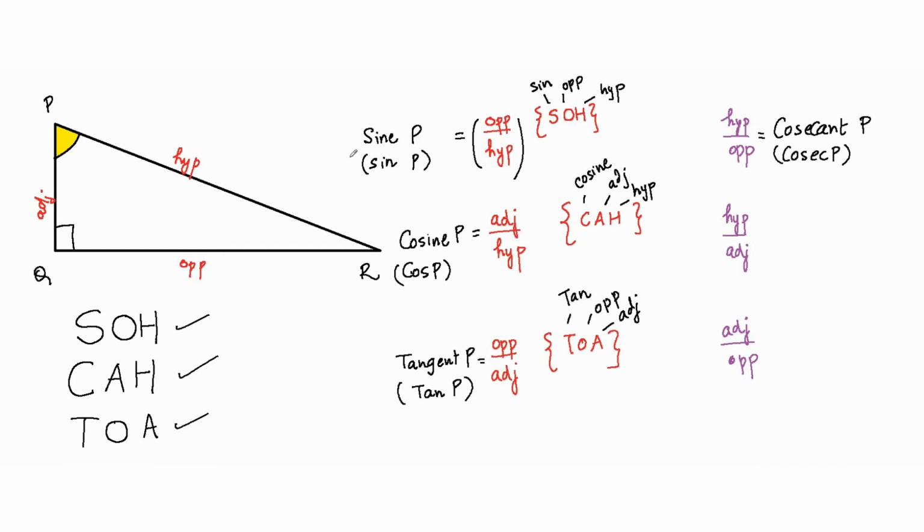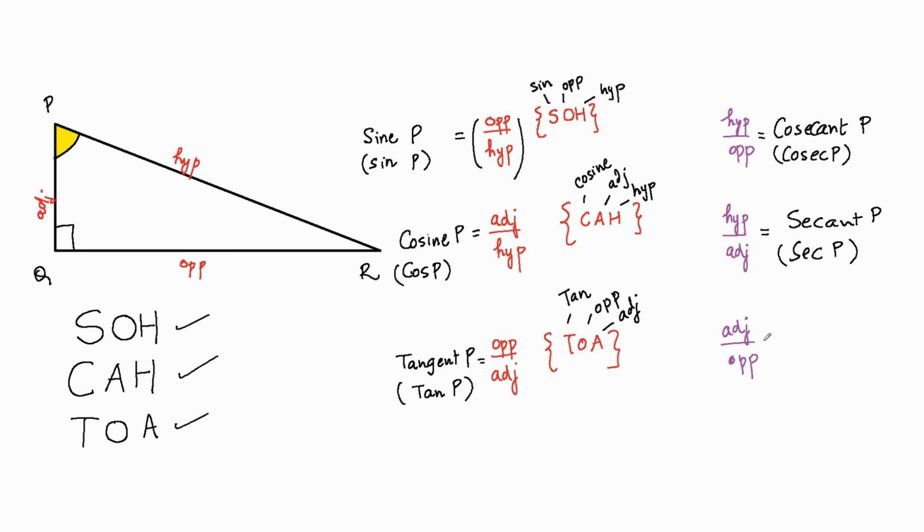So cosec is the reciprocal of sine. The reciprocal of cos, which is adjacent upon hypotenuse, is hypotenuse upon adjacent, which is known as secant of an angle. Of course, its short form is simply sec of the angle, so sec P.